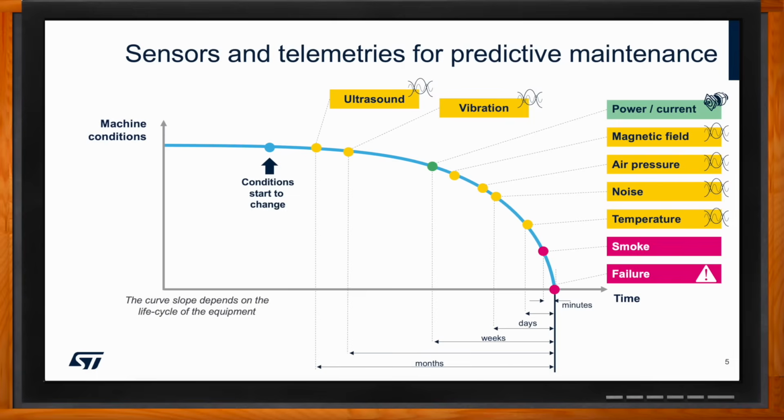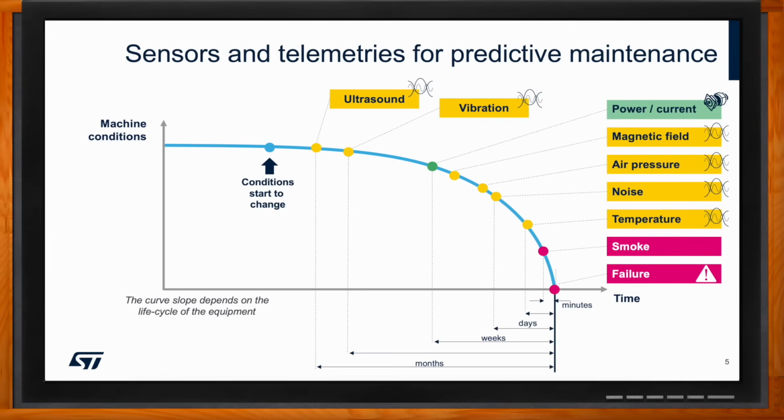We know that when some events happen and conditions start to change, they typically happen with very small changes. So small vibrations at very high frequency typically generate ultrasounds. Then, as the vibrations increase, they may be sensed as physical vibration by a MEMS vibrometer. And then other phenomena occur.